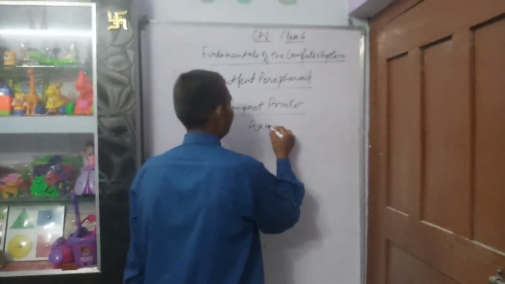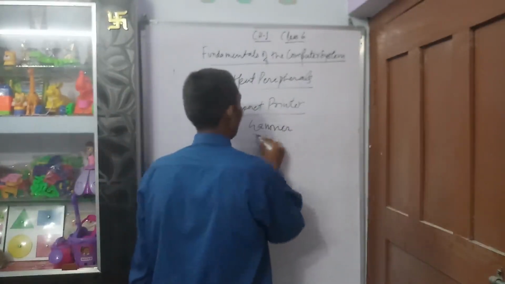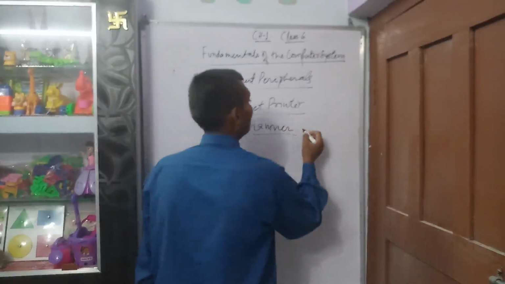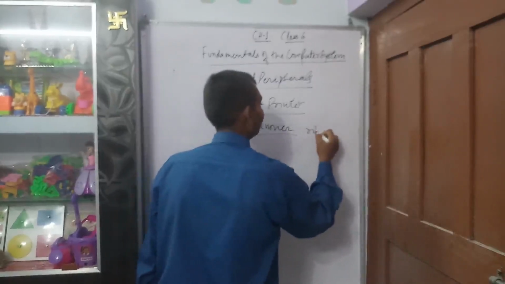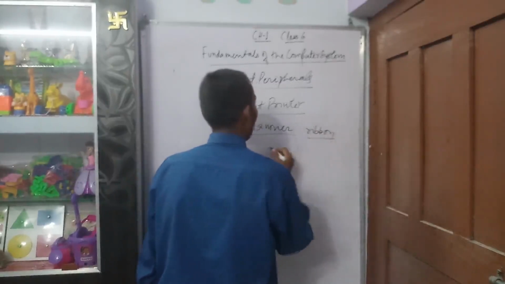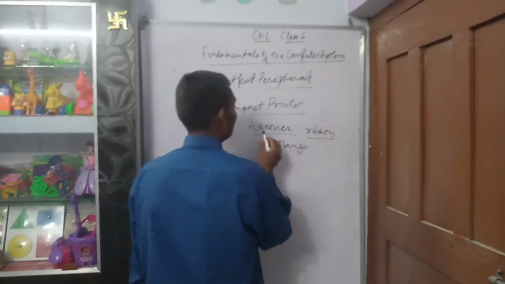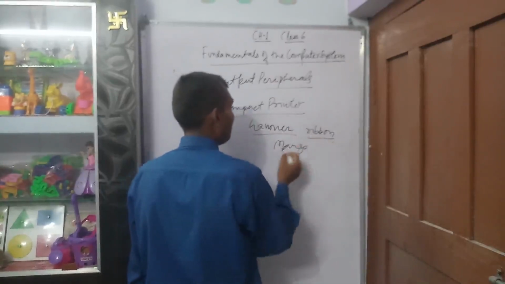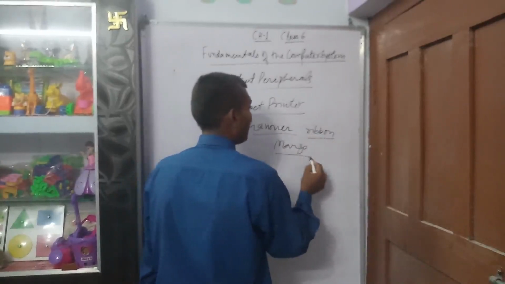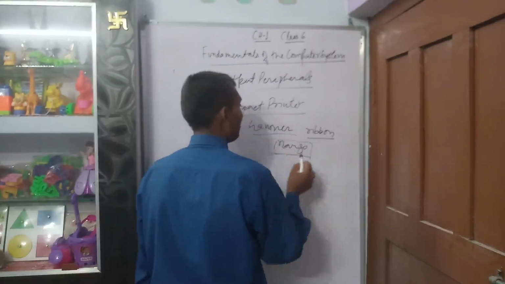There is a hammer stick on the ribbon area of the printer, and when the user types the words, the hammer strikes the ribbon. Suppose you type mango, the hammer strikes the ribbon and your letters are typed in this manner.